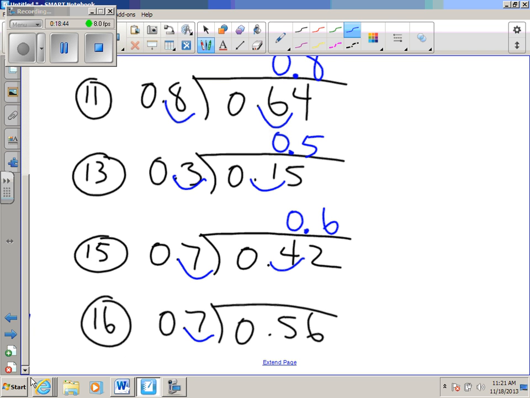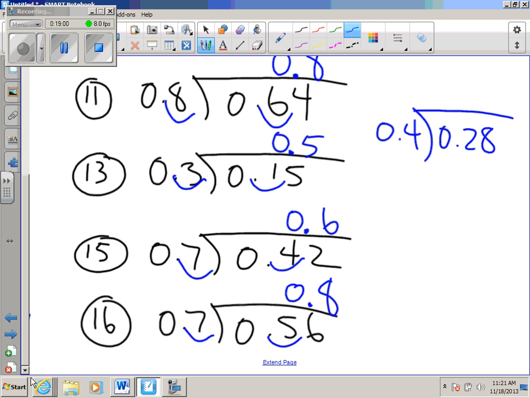And 1 on the outside, 1 on the inside makes it 0.8. And then the last one is a 0.4 and a 0.28. 1 on the outside, 1 on the inside, 0.7. Okay? Any major issues on those?